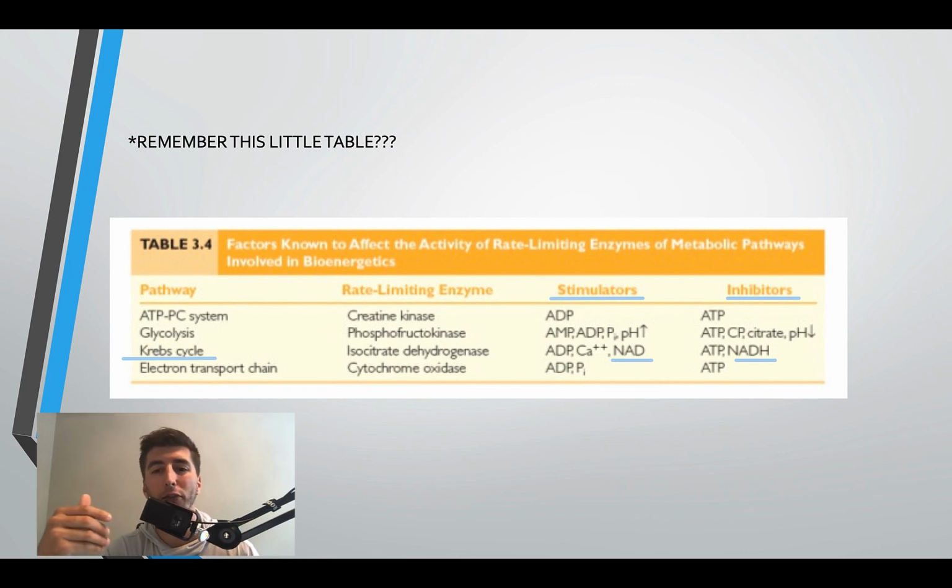And if we have a high NAD concentration, that means we're not readily producing ATP. So we're going to try to speed up the Krebs cycle.